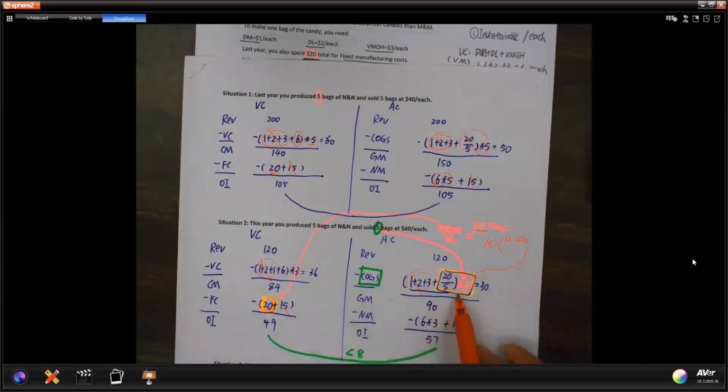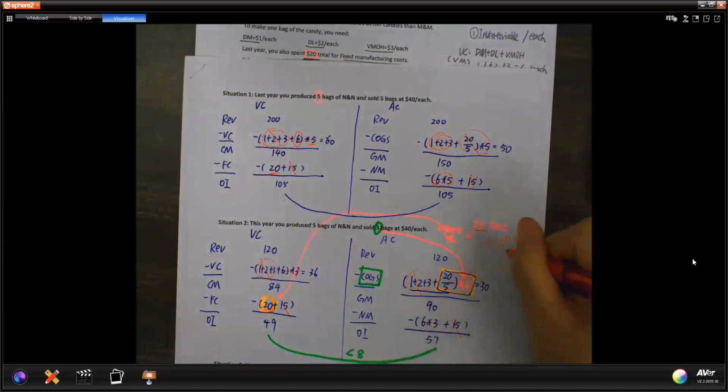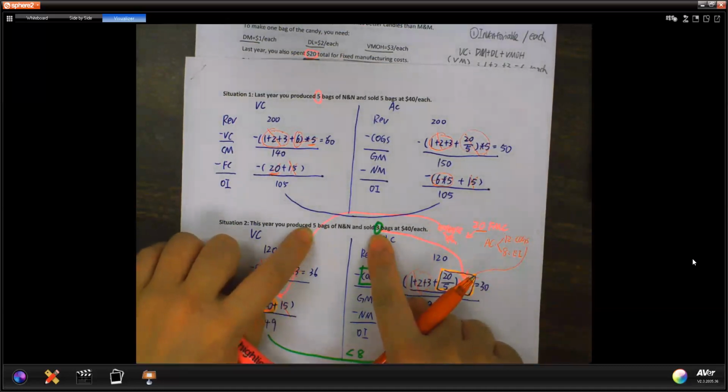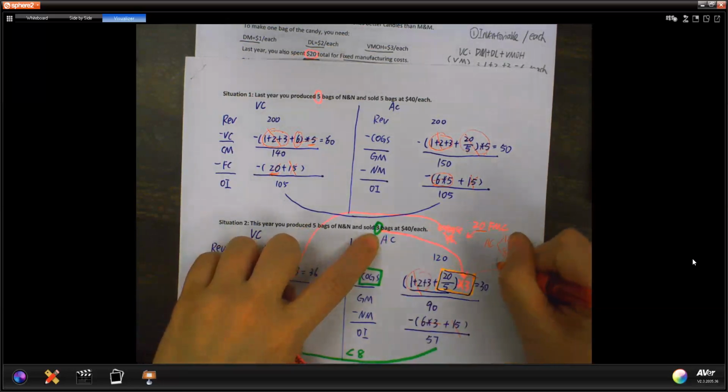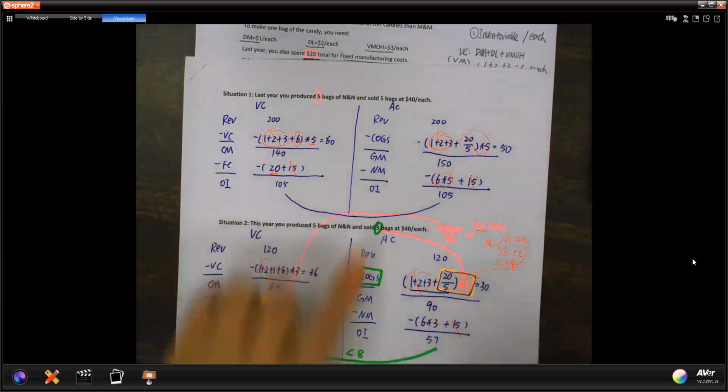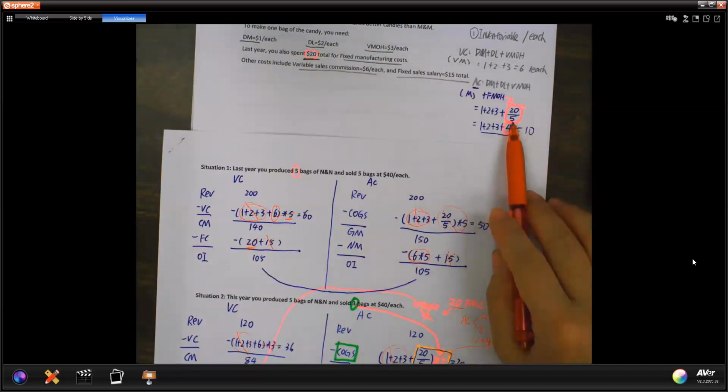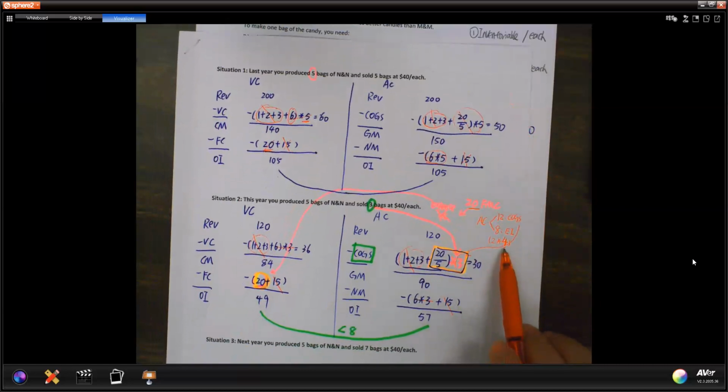You sold 3, so $12 is cost of goods sold. And the $8 is sitting as your ending inventory because you made 5, you sold 3, you still have 2 units left, and each unit is allocated the $4 of your allocated fixed manufacturing cost. So for the ending inventory, you have $8 there.